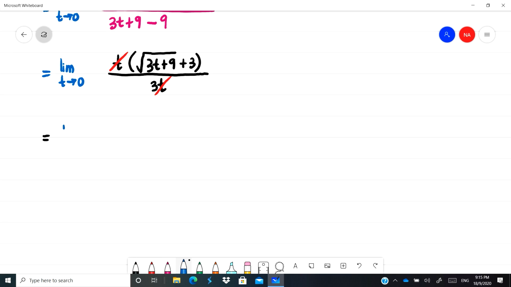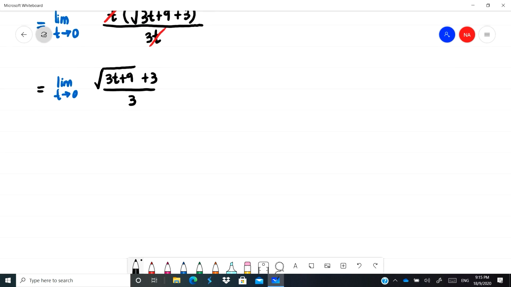The limit as t approaching 0 of the square root of 3t plus 9 plus 3, over 3. Now we want to substitute the value of t with 0. So we will have the square root of 3 multiplied by 0 plus 9, plus 3, over 3.